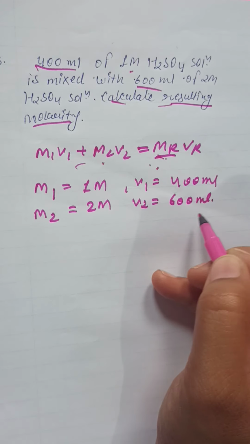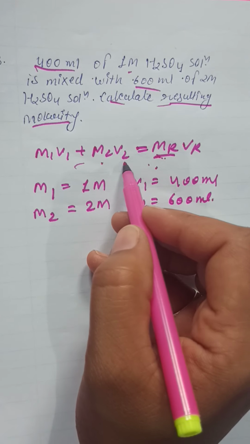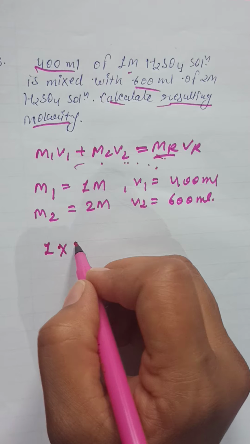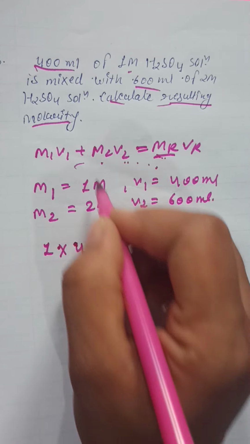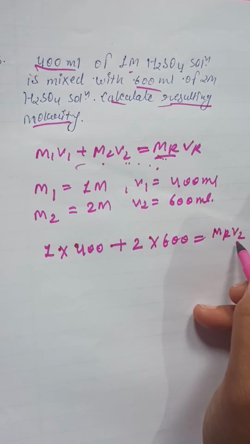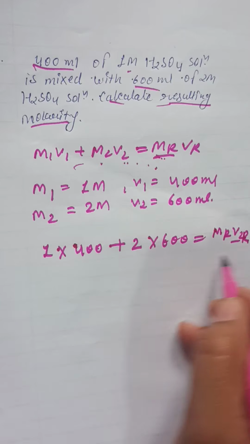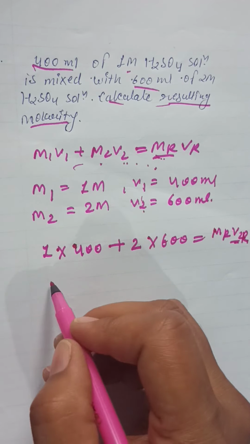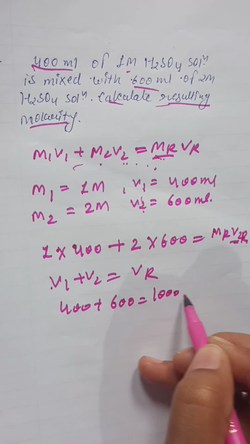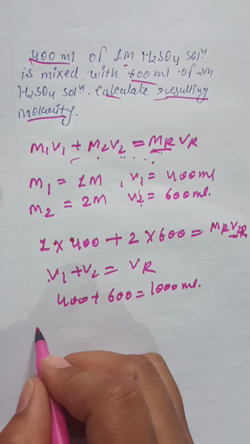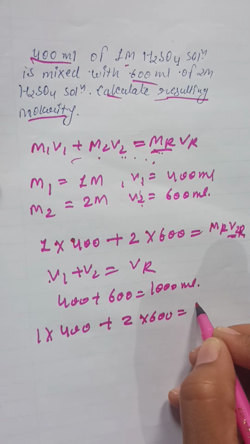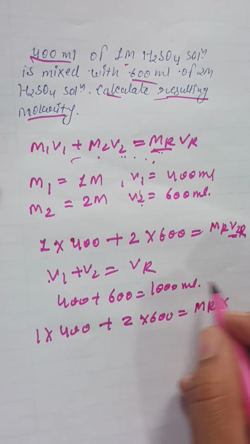Now put these values in the formula: M1V1 plus M2V2, so 1 into 400 plus 2 into 600 equals MRVR. Let's see how to calculate VR, the resulting volume. The resulting volume is V1 plus V2 equals VR, so 400 plus 600 equals 1000 ml. So 1 into 400 plus 2 into 600 equals MR into 1000.